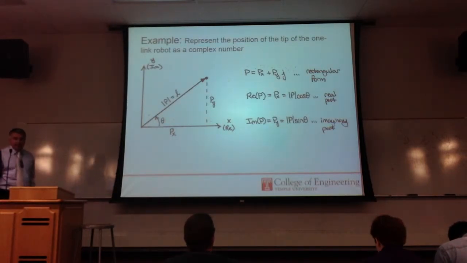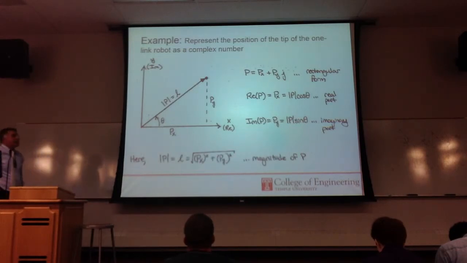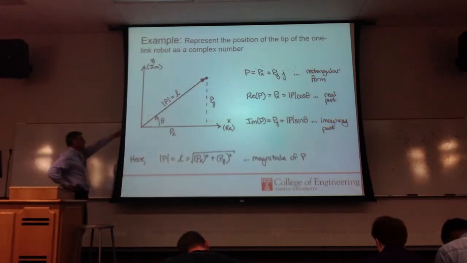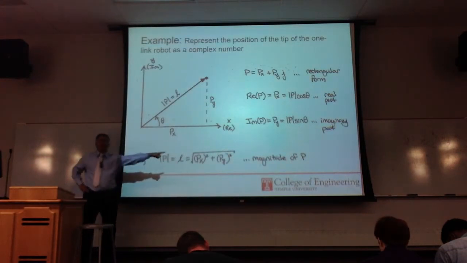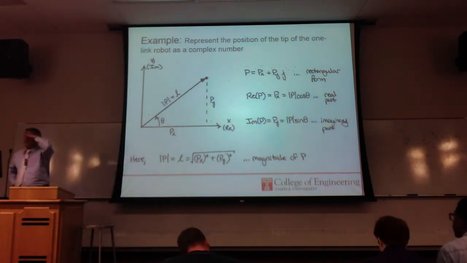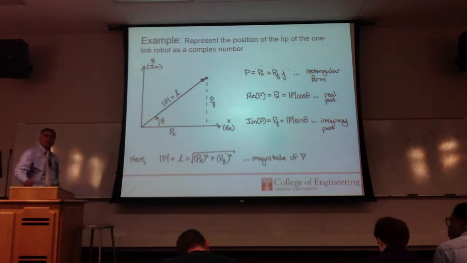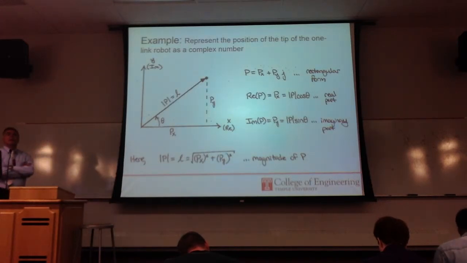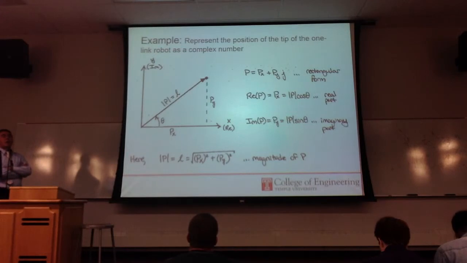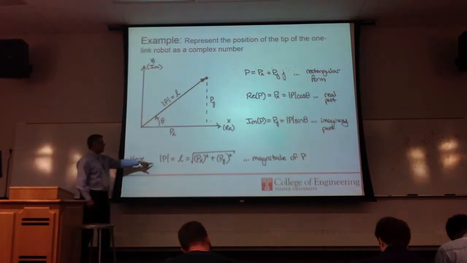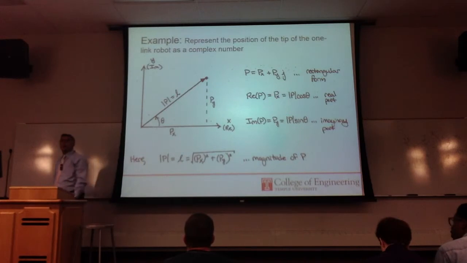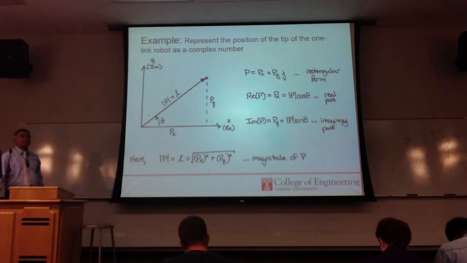And don't forget that the magnitude of P, which in this case is L, is the square root of px squared plus py squared. Does that look familiar to you? Where did we see this before? Didn't we see it in the polar? Same thing.